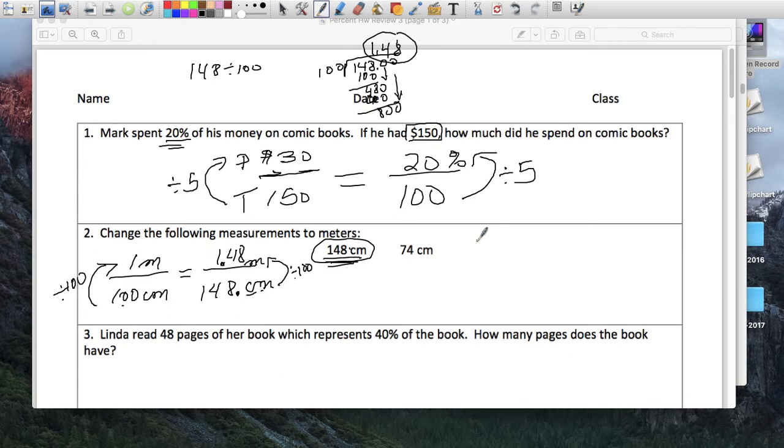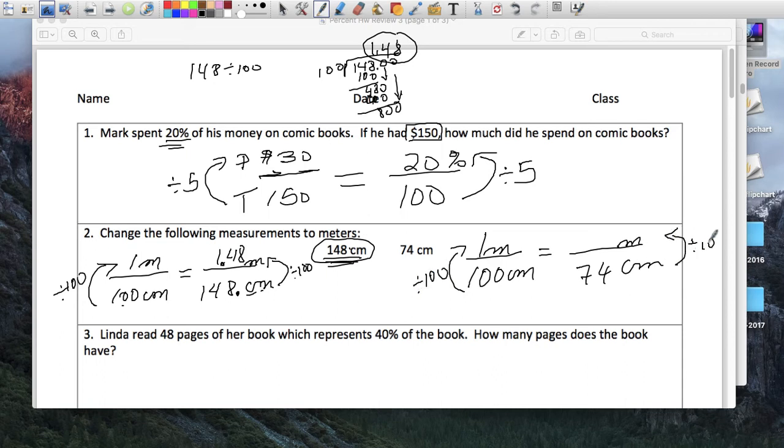So let's do one more. Again, the relationship you need is that 1 meter is the same thing as 100 centimeters. On this side, you're going to write meters and centimeters over here. So you have 74 centimeters, which you want to change to meters. So again, this is divide by 100, and you're also going to divide by 100. So again, you have choices. You're going to take 74 and divide it by 100, setting it up like this, 74 divided by 100.